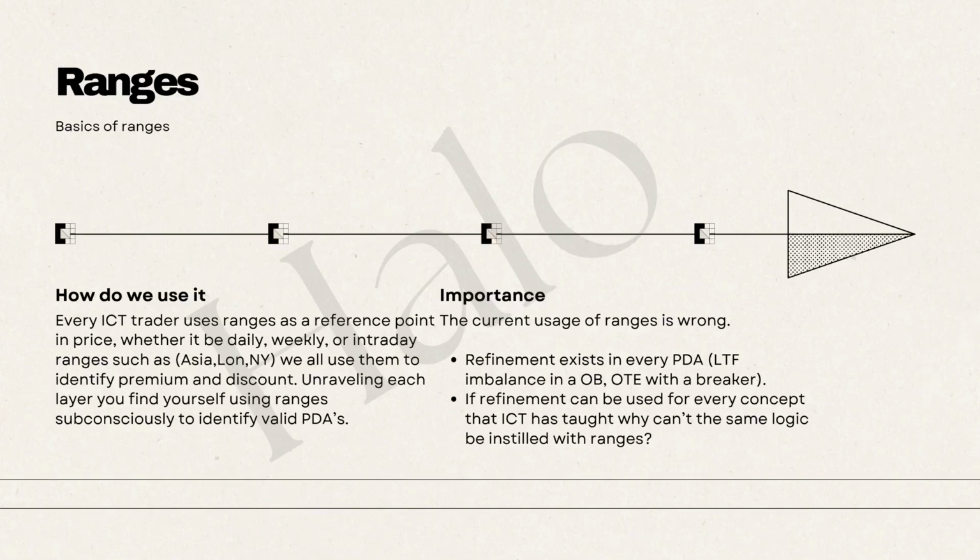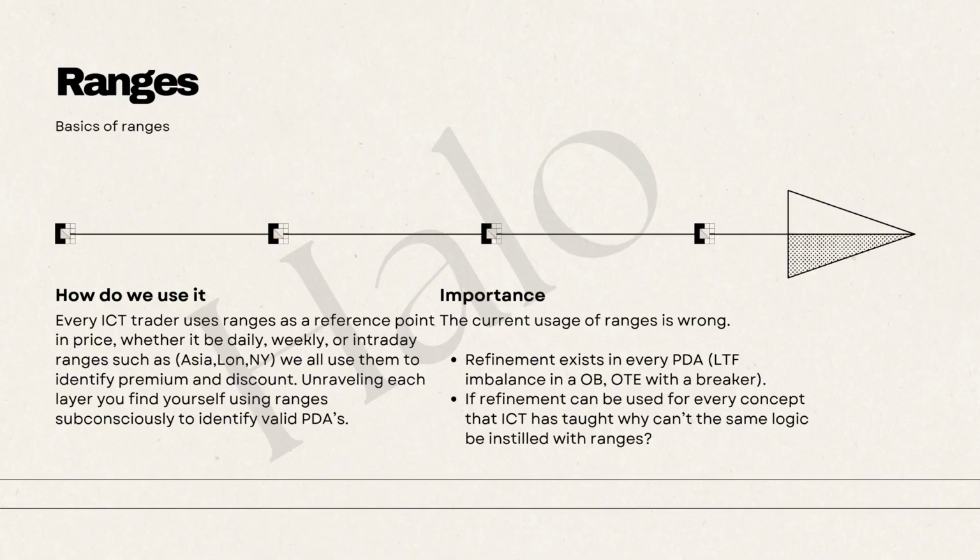So why is it wrong? Let me explain it. Refinement exists in every single PDRA. Lower time frame imbalance in an OB, optimal trade entry within a breaker. If refinement can be used for every ICT concept that he's taught, why can't that same logic be instilled with ranges, right?